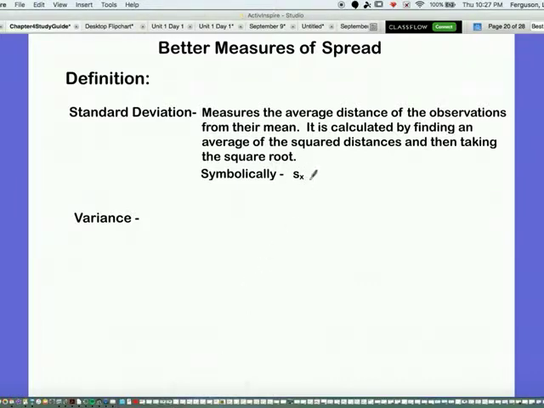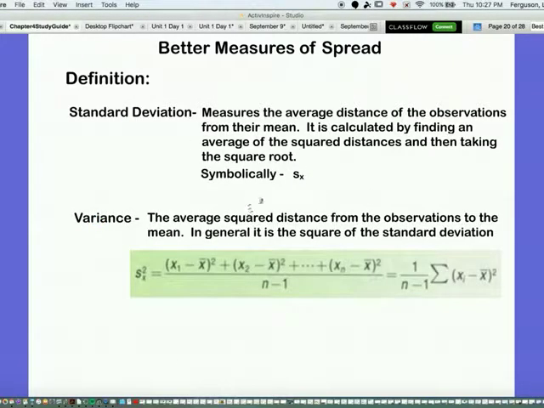So if you see S sub x, that really means standard deviation. Variance is the average squared distance from the observations to the mean. In general, it is the square of the standard deviation. And so this is your fancy mathematical notation for that.